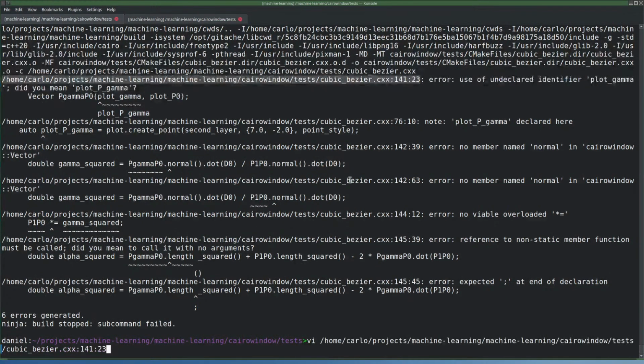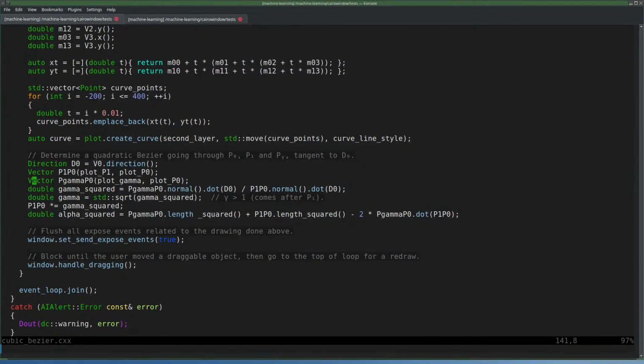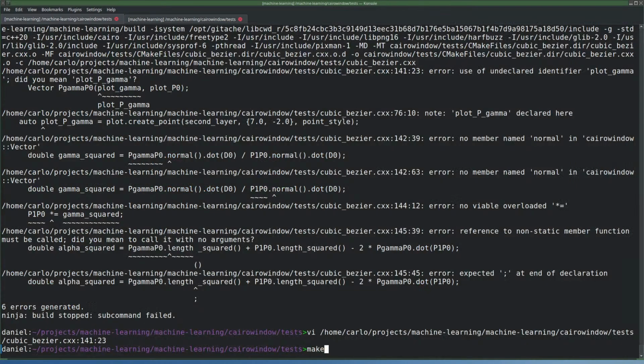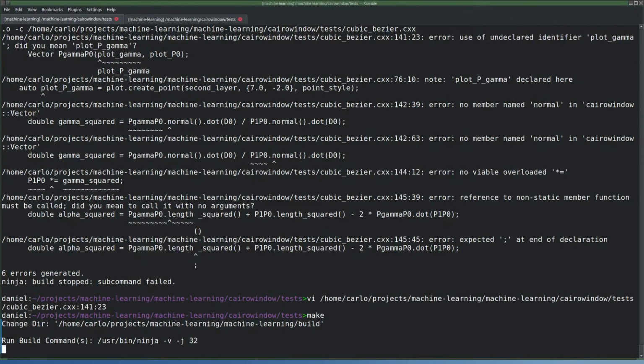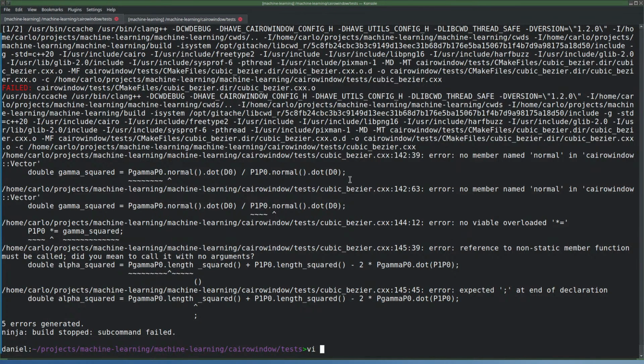Undeclared identifier p gamma. No member named normal in Cairo vector. I only have a normal in a direction apparently.